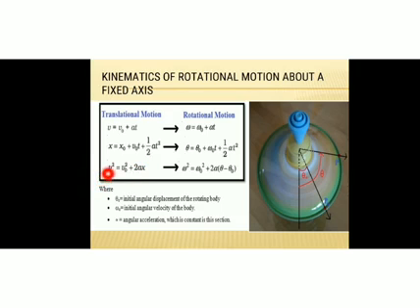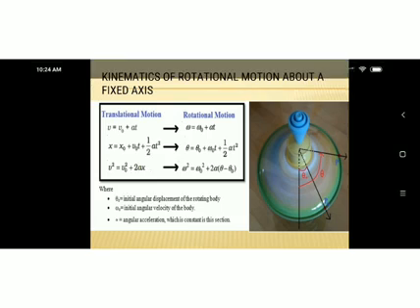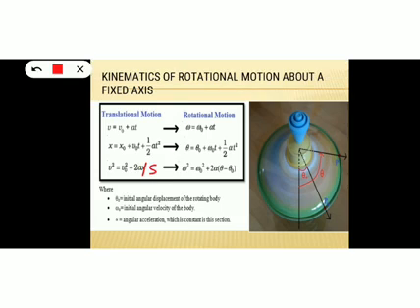Now v² = v0² + 2ax. Here in the rotational case it is replaced by omega² = omega0² + 2 alpha, where a is replaced by alpha, into theta minus theta0, because instead of x we can consider s. Actually the equation of motion is v² = u² + 2as, isn't it?